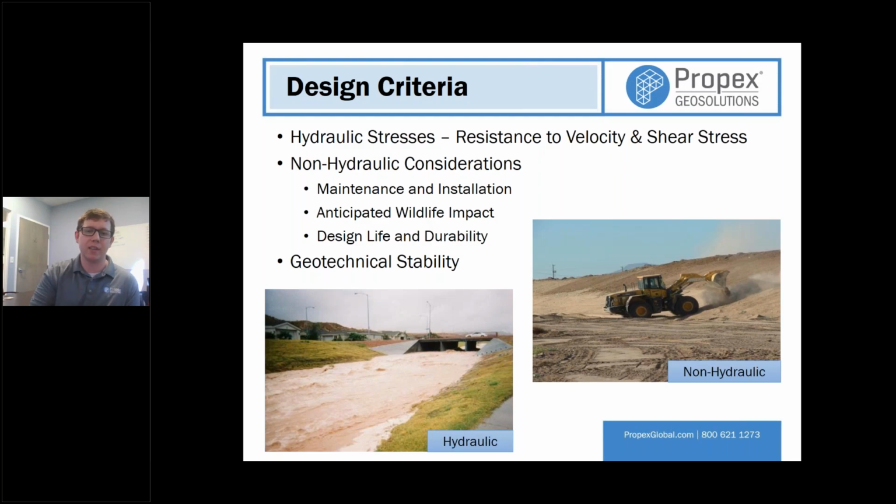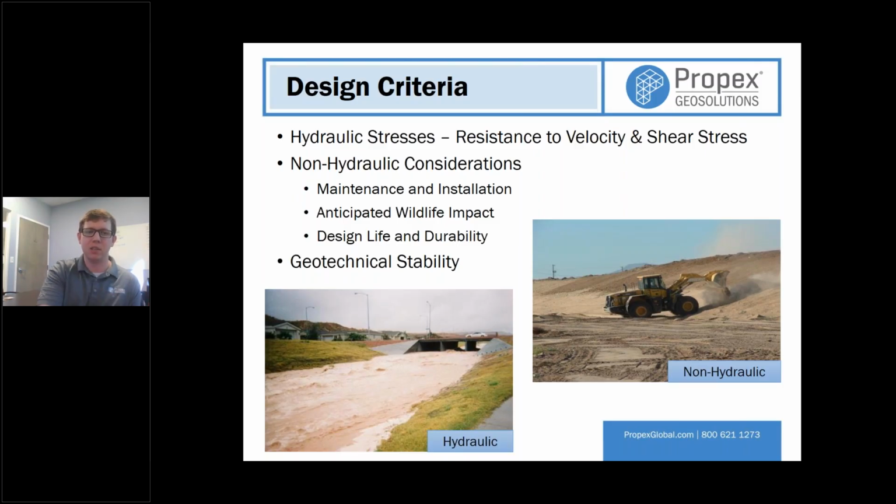But on the right-hand side, that's a similar application where that front end loader is filling on top of the soil or the HP-TRM, but because it has enough strength, it can withstand the installation. So we want to find an application where if we need strength to withstand the installation or just the project itself, we have a durable enough material.